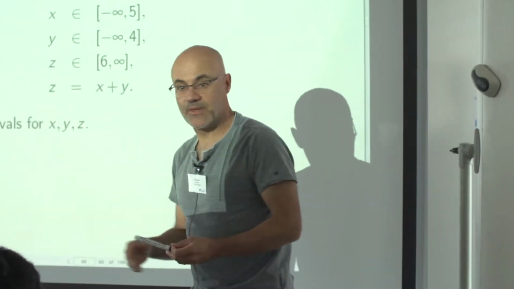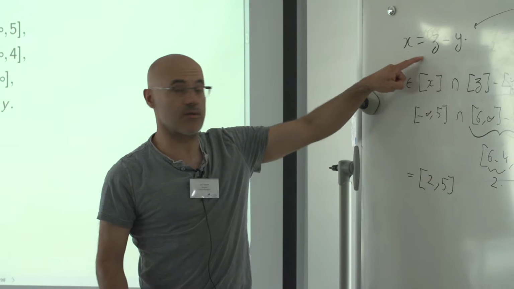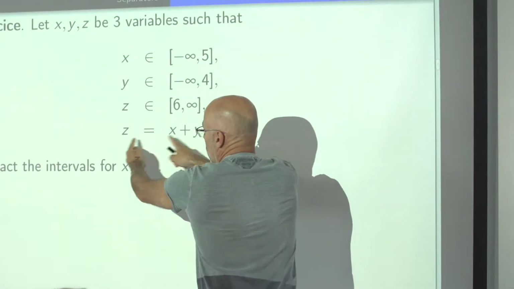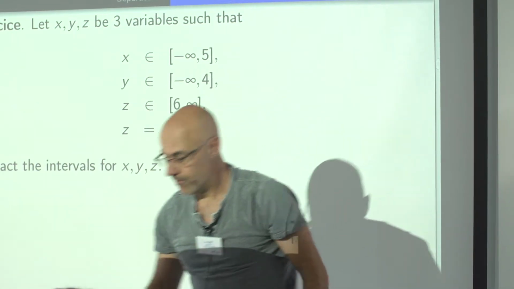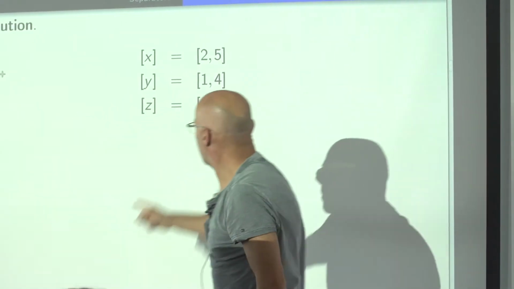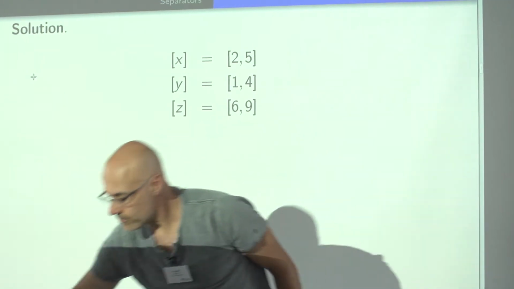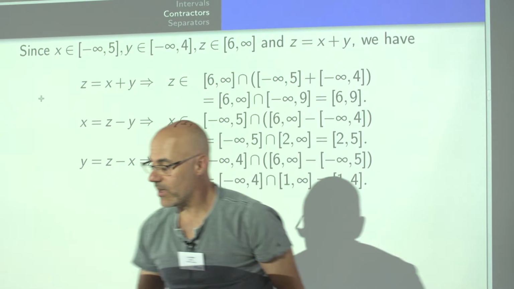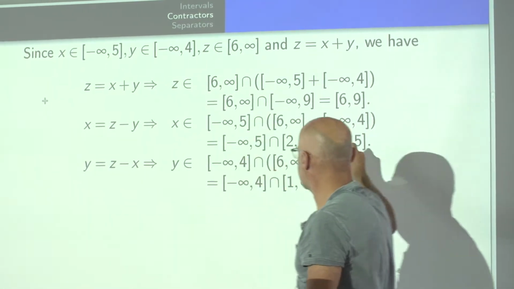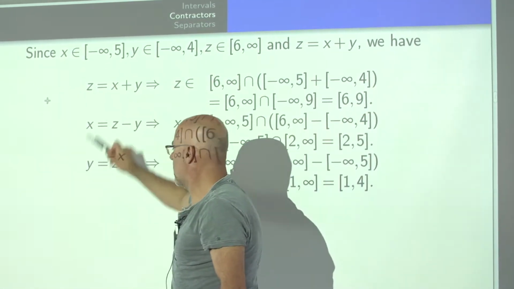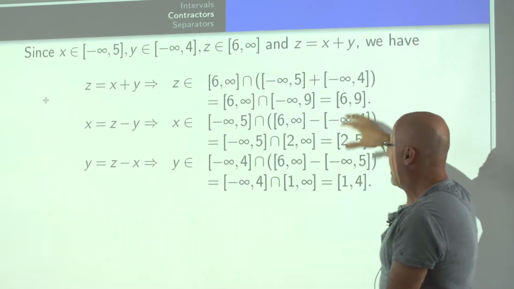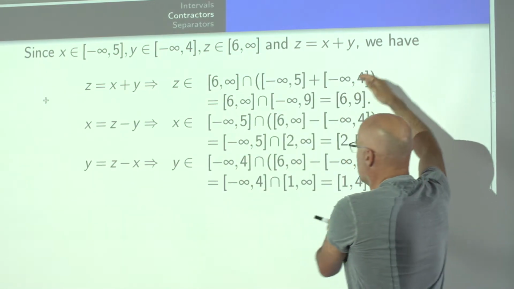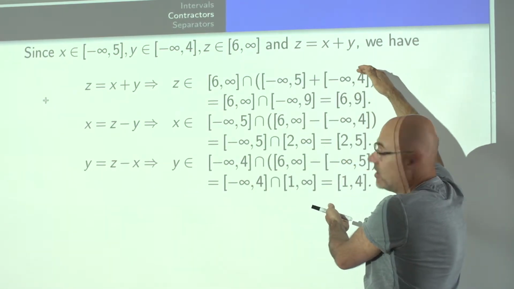You understand the method? I can do the same with y or z, and I will build a contractor associated with this equation. The contraction. Sorry. So now what I have explained here for x can be applied for z and for y. Everything to contract an equation is related to interval analysis, interval computation.